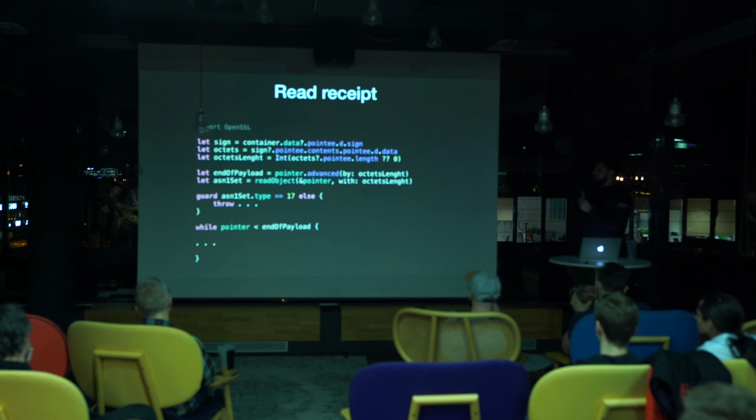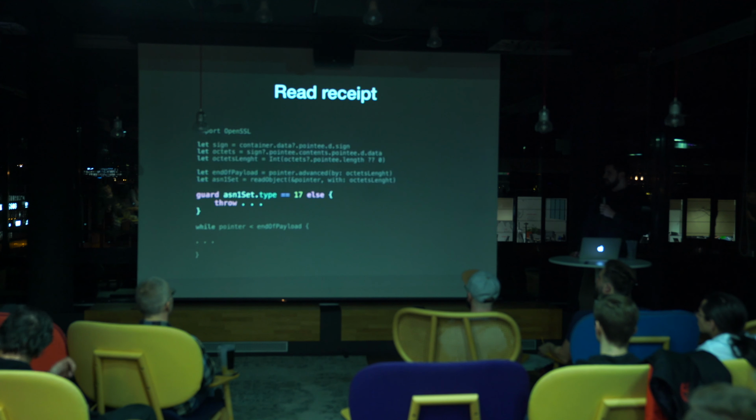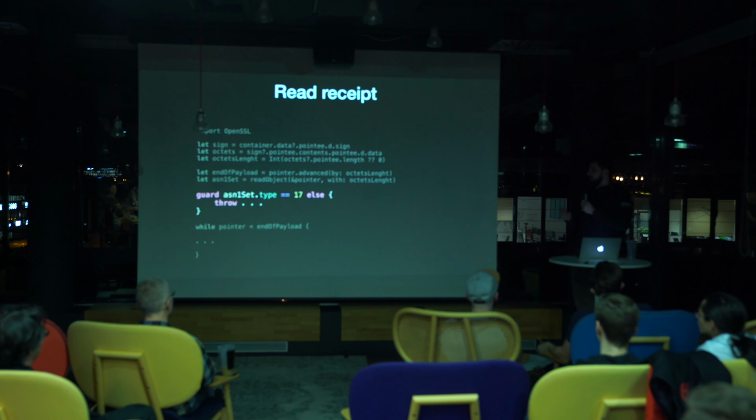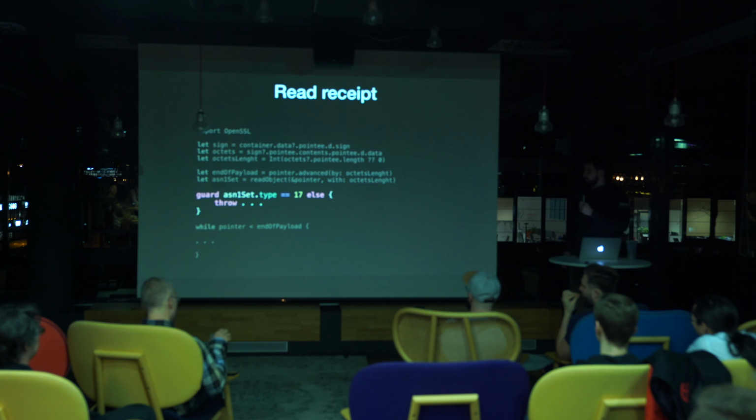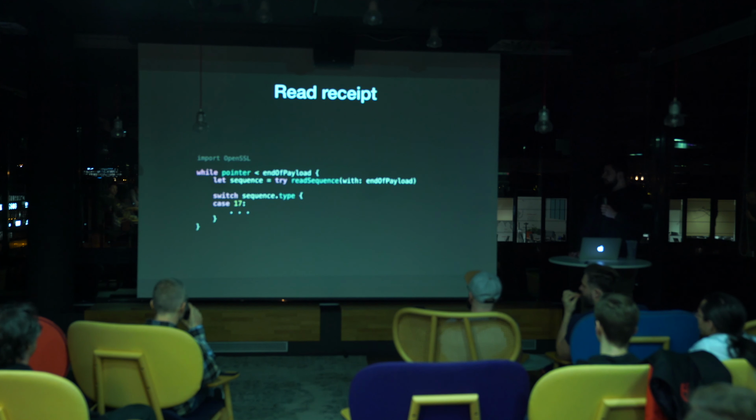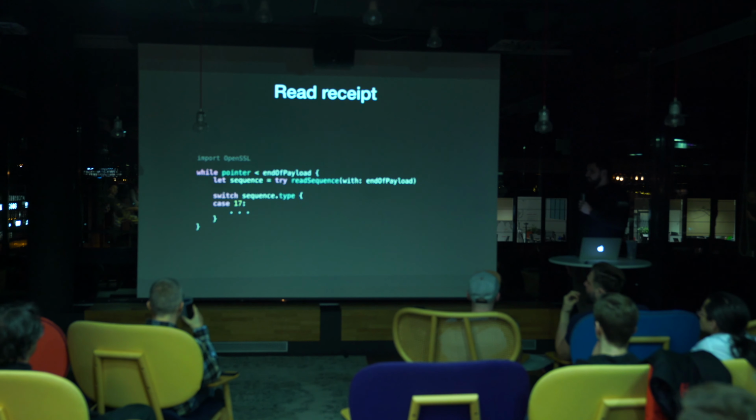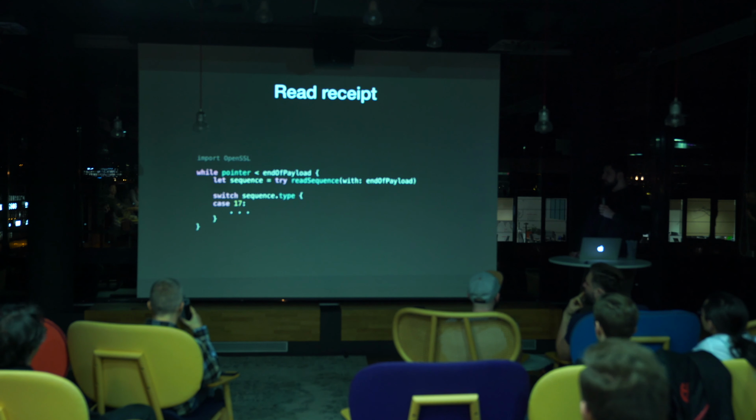First, what is important on this slide is to get the end of your payload and the start pointer of your receipt. Then you can read attribute by attribute. As you can see, the first number 17 means you start reading a set of values, but currently it's the receipt, not your purchases. The next time you read number 17, it means you start reading your purchases.